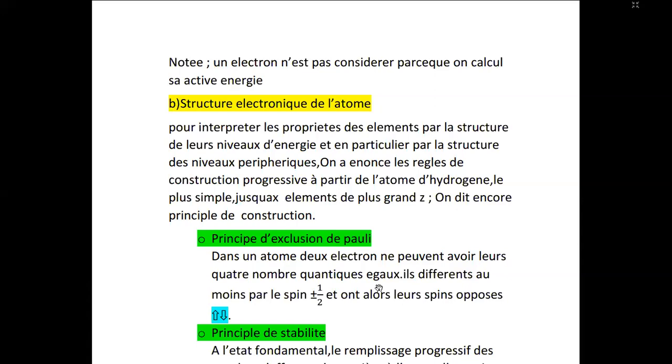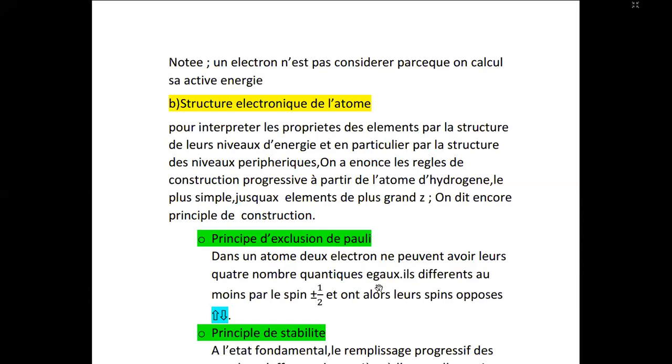When 2 electrons are in the same room, they cannot have everything equal, such that there is a difference in spin: one will be spinning in the clockwise direction, the other in the anti-clockwise direction.